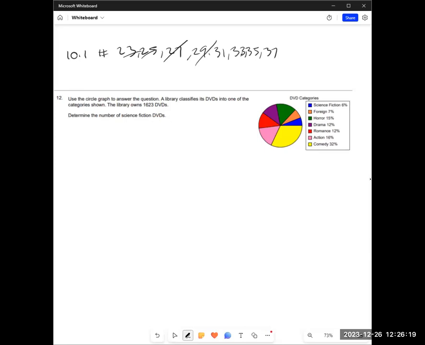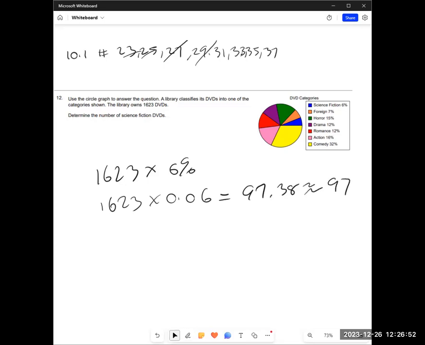So 1623 times, and then science fiction is 6%. 1623 times 0.06 is, and I get 97.38, but these are DVDs, so I'm going to have to round to the nearest whole number, and that's going to give me 97.